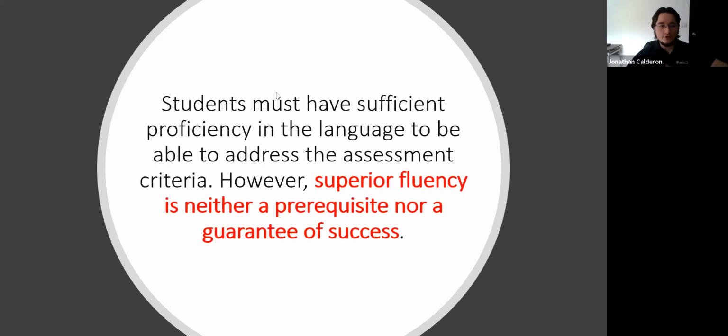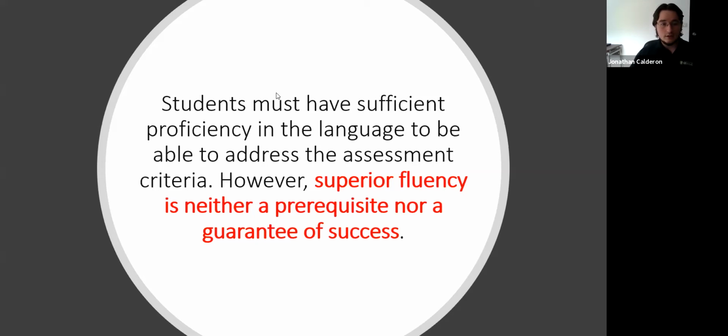Now, on the other side, it doesn't necessarily mean that that student who is kind of wary, I'm not sure if I have the level, teacher, I'm not very good at writing, that doesn't necessarily mean that he or she is going to have an immediate failure. Okay, we can help them out a little bit and say, okay, you're going to need to rewrite this paragraph, focus on the verb tenses, whatever, but it doesn't necessarily mean that he or she is just doomed.